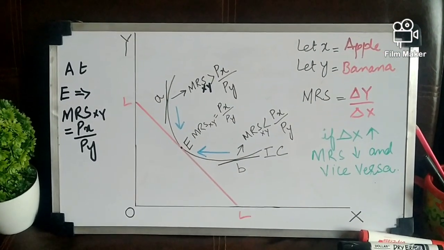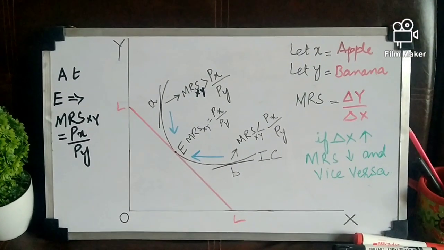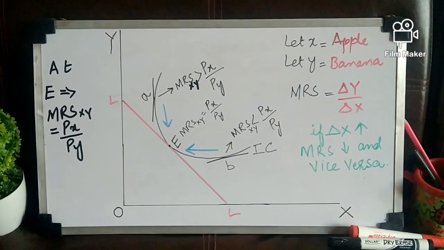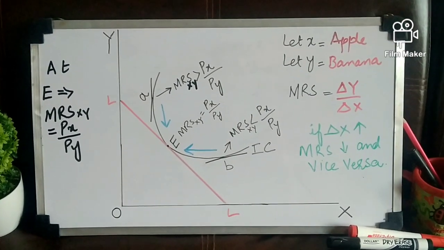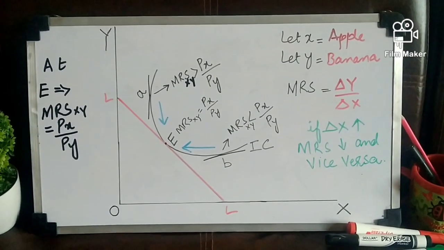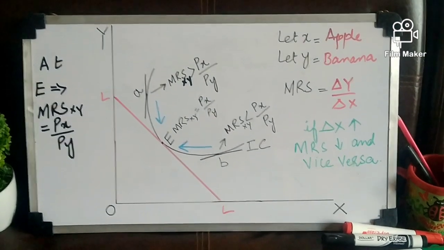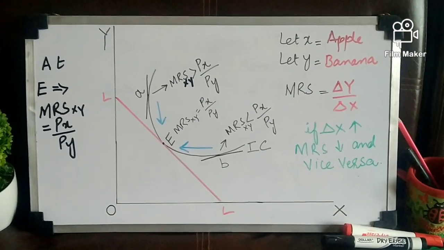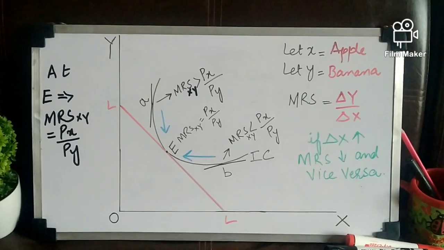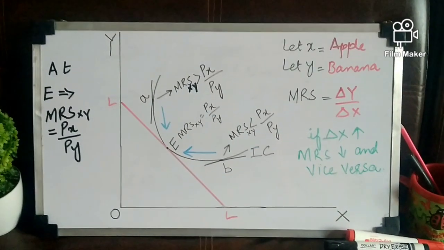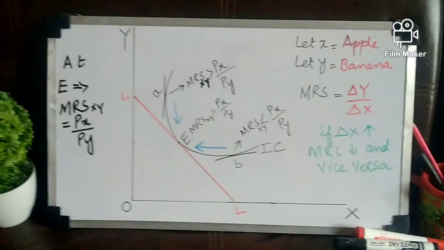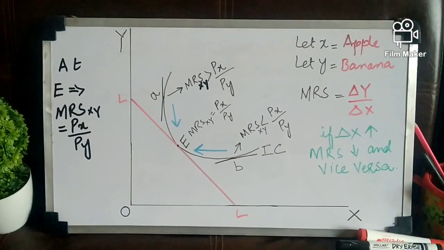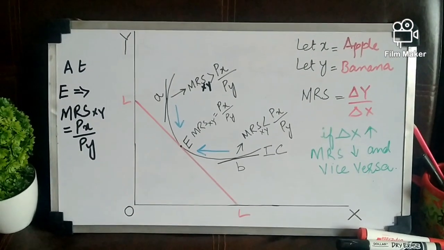Students, you are supposed to know about the budget line and indifference curve by watching my previous videos, and I hope that you have learnt about these two terms thoroughly. Now the next step is how the consumer will attain the equilibrium under the indifference curve approach.